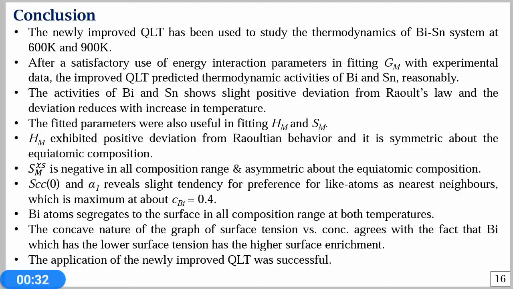The concave nature of the surface tension graph agrees with popular knowledge that bismuth, which has the lower surface tension, has the greater surface enrichment. Finally, the application of the newly improved quasi-lattice theory was successful.